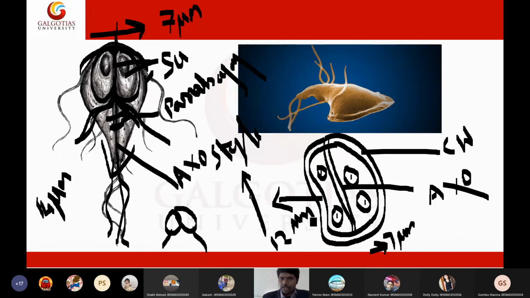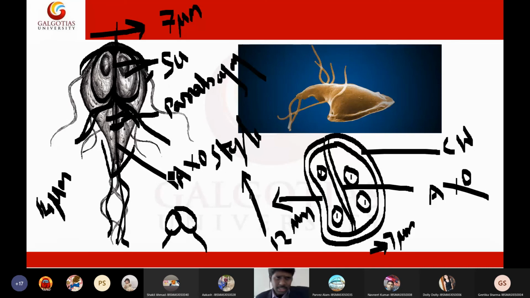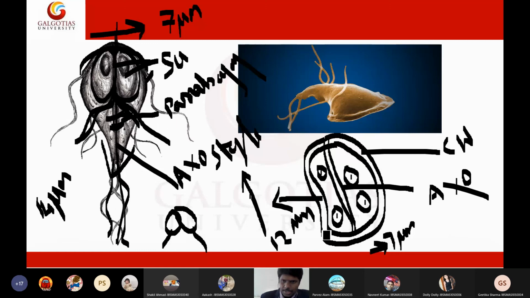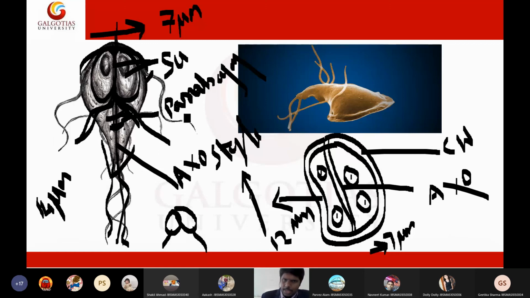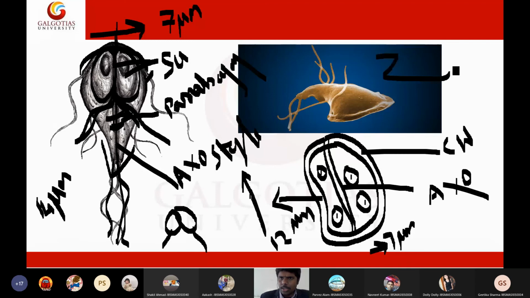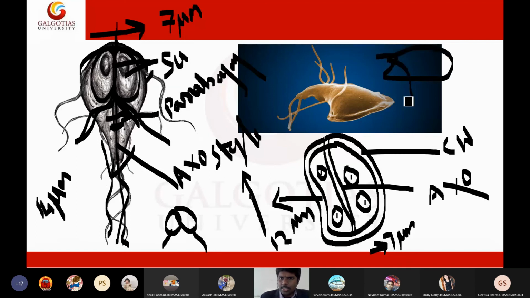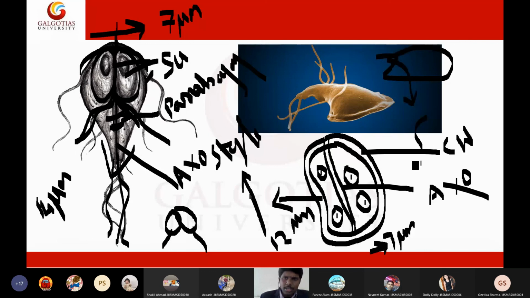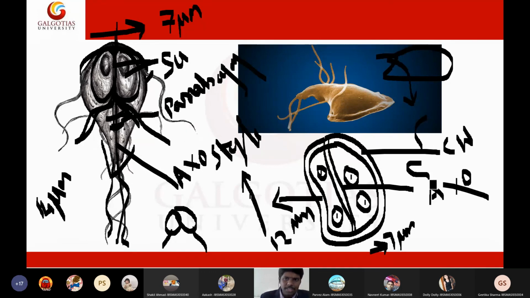So cyst is a dormant phase. Usually, this Giardia lamblia cyst will be present in water or contaminated food. When we take this food, the cyst will enter our body. A person takes this cyst, then in the intestine it will become a trophozoite, and it will happily live in the duodenum and jejunum of the intestine.